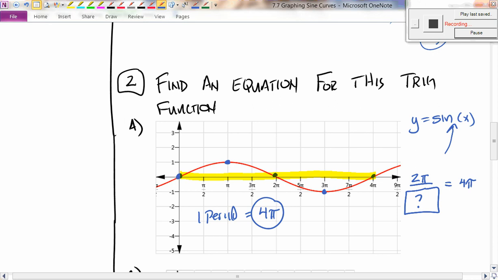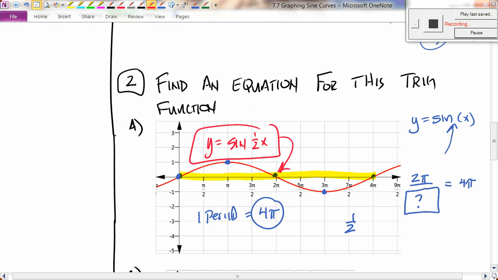No, it's not, because then you get 2. So 2 pi divided by what gives you 4 pi? 1/2. So the thing that goes in my equation is the 1/2. So my final answer for this should be y equals the sine of 1/2 x. So that's the equation that matches this curve.